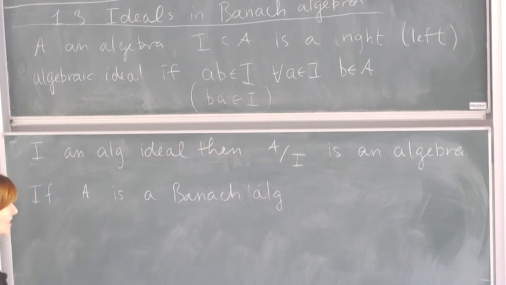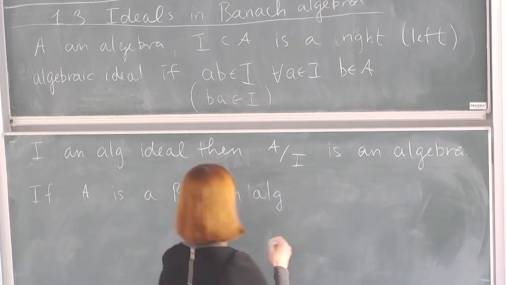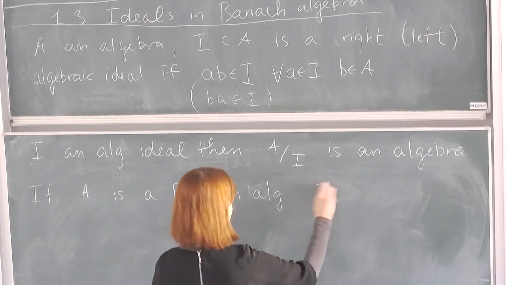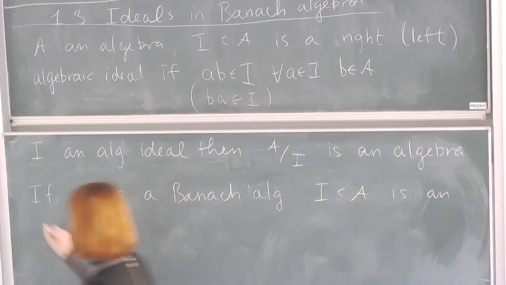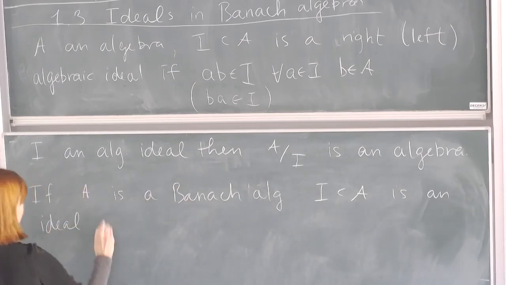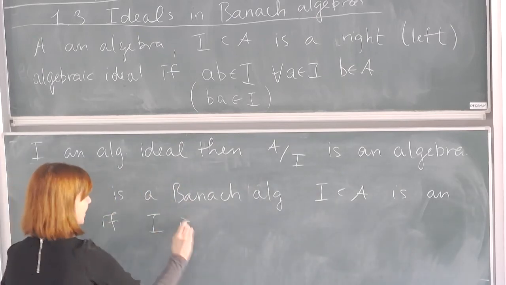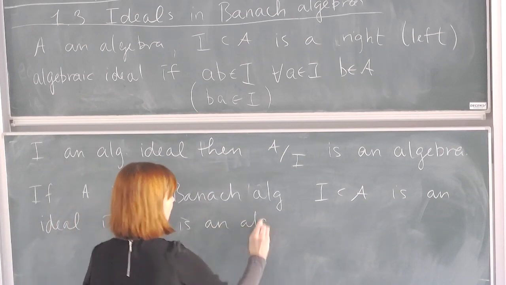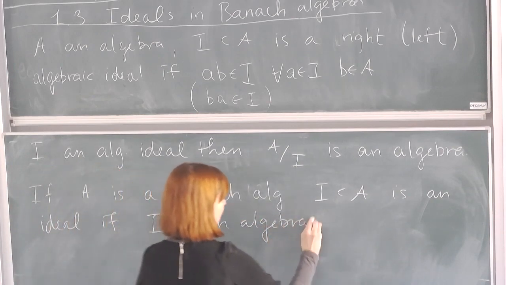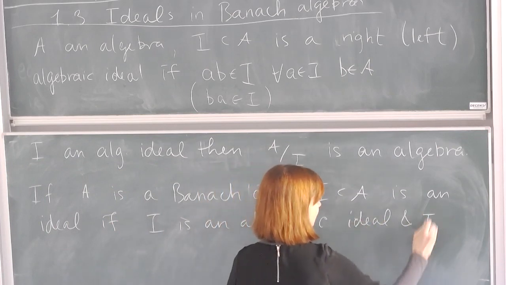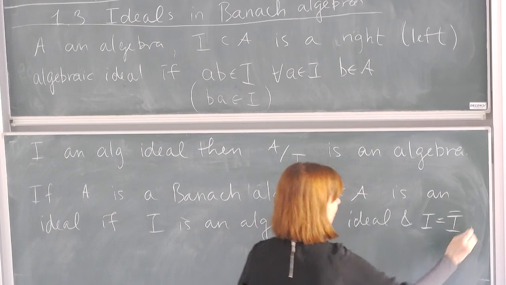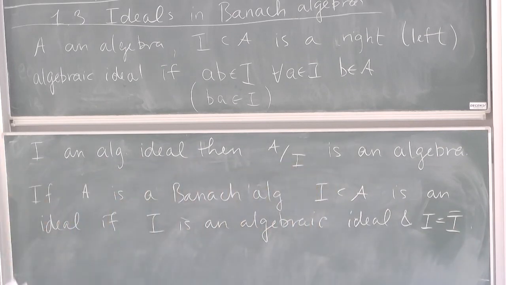So you can talk about algebraic ideals in a Banach algebra, but if I just say ideals, I mean the closed version. It's an algebraic ideal and closed. Same thing for left or right.